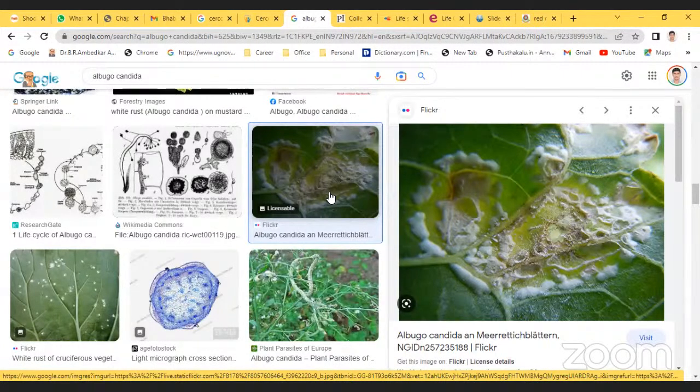In asexual reproduction, we observe conidiosporangia and sporangiospores. When we take a cross section of the diseased leaf, we observe under the microscope the conidiosporangia and sporangiospores.